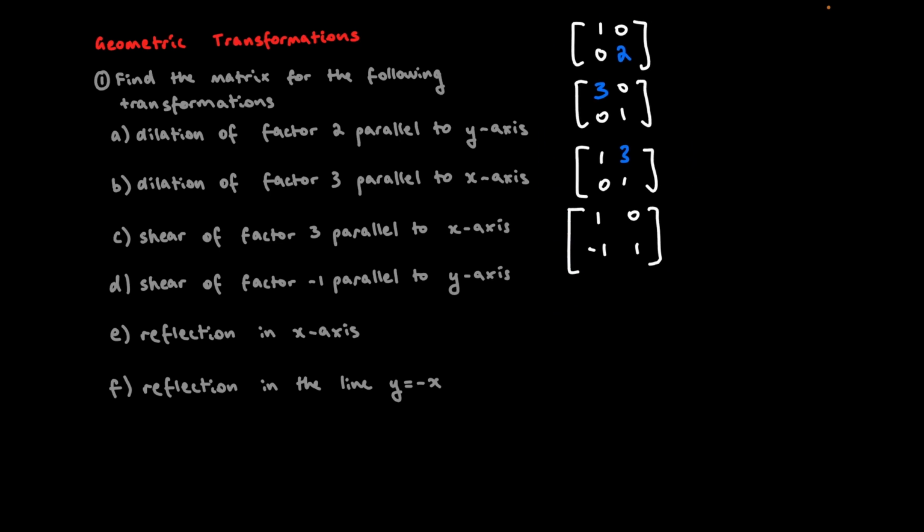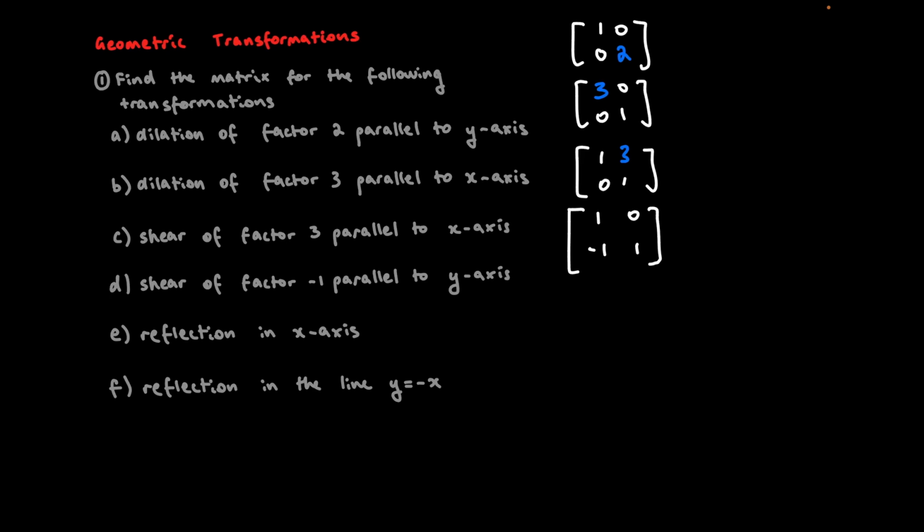Now let's have a look at the reflection in the x-axis. If we're describing a reflection in the x-axis, that means that in our Cartesian plane, if we have a point like this, it will be transformed to a point over here. So we still retain the same x values, but now your y values have simply become negative.